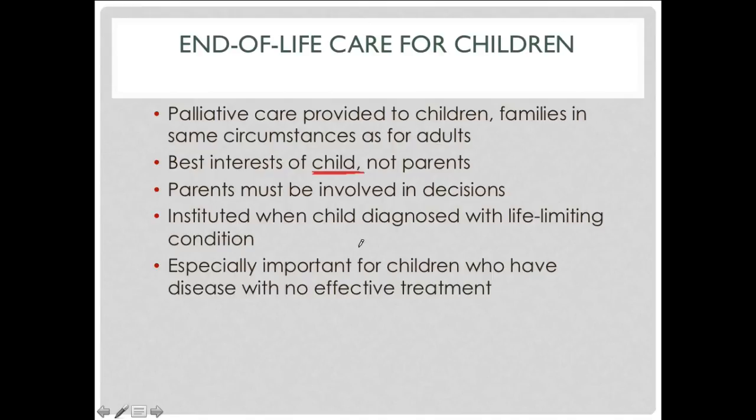There was an IOM study that found children who die fail to receive competent and compassionate care that meets their physical, emotional, and spiritual needs. A lot of it is because providers and parents are not comfortable with the fact that this is a child who is dying and making sure that their needs are met at that level.